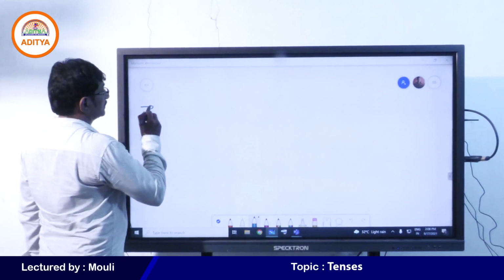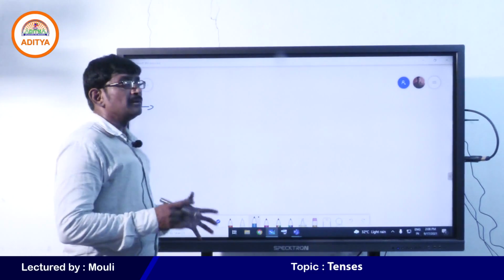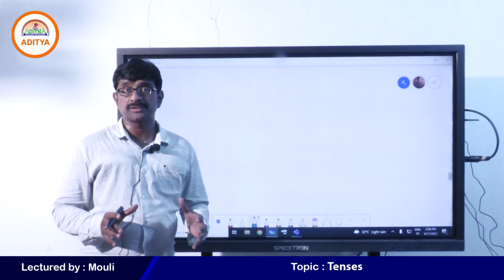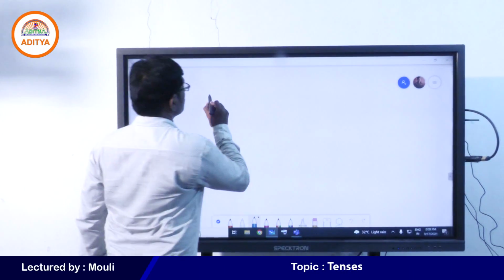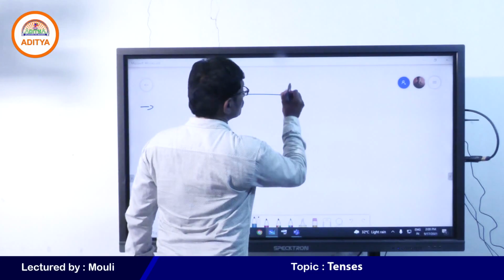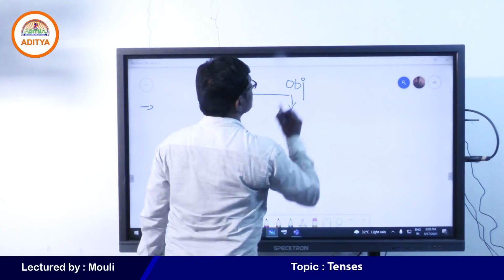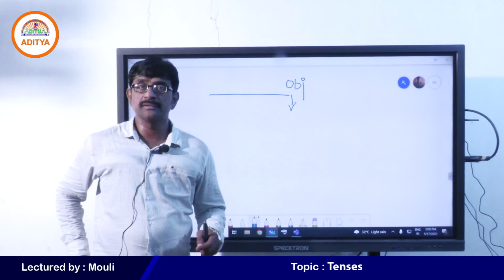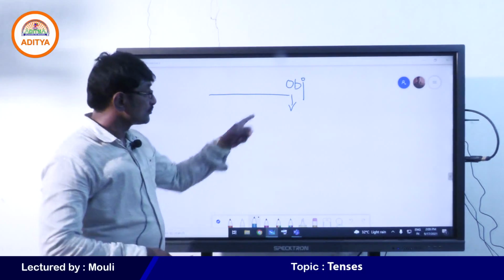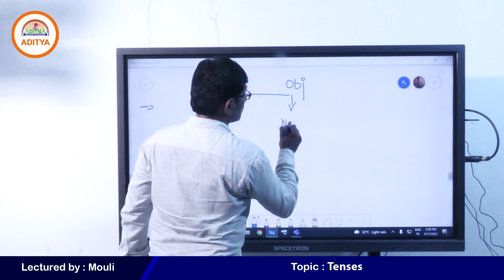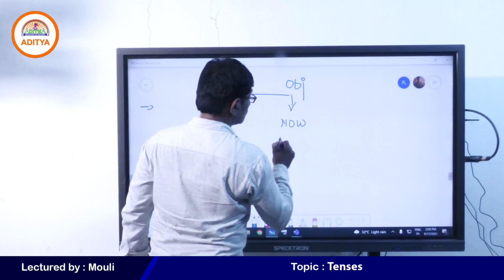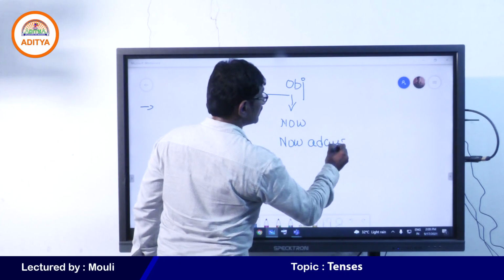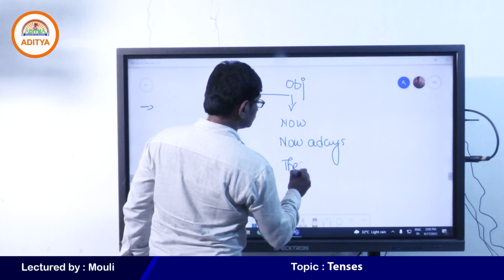Now, how will we use present continuous tense? To identify the present continuous tense, we have some words here. Those are now, nowadays, and these days.